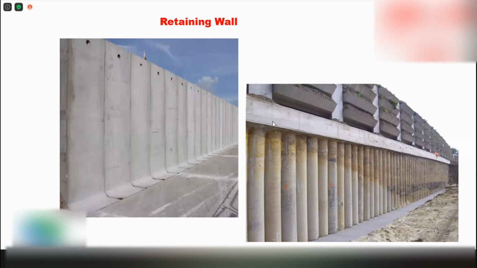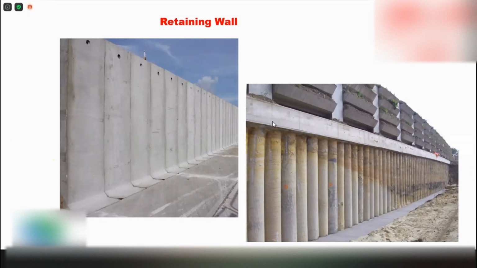And if you are a landscape architect, for sure you will hate this. So how do we do away with this? Do we have other alternatives to build a vertical retaining wall, other than using reinforced concrete? Yes, the answer is using tensile geogrid.